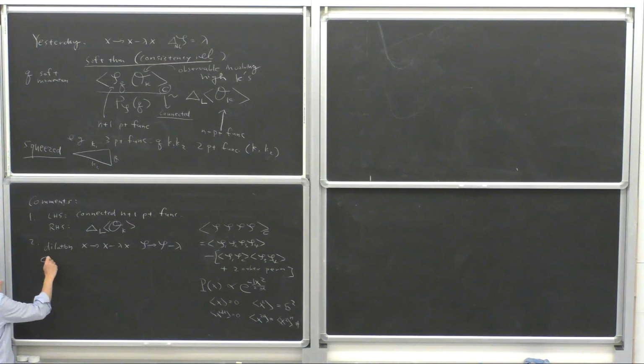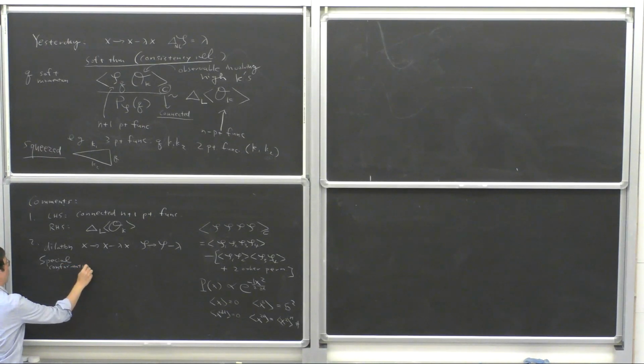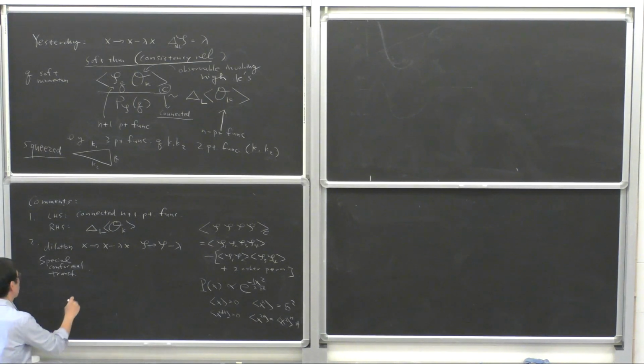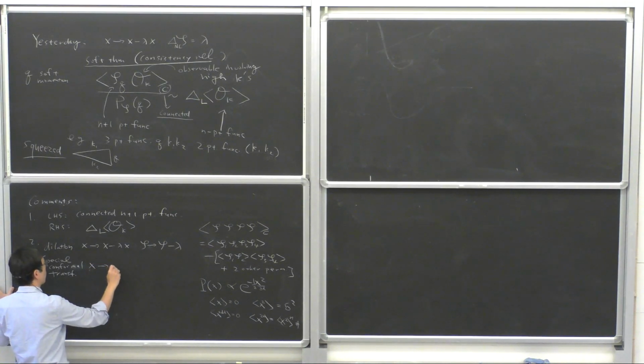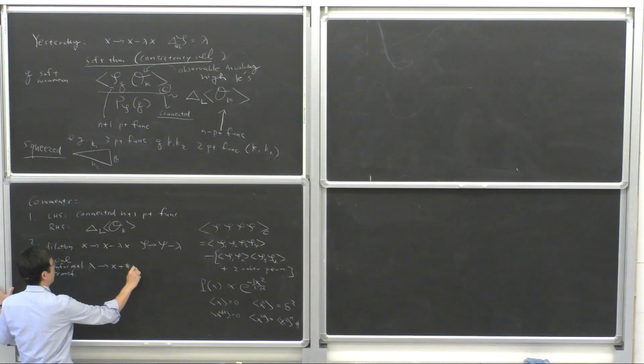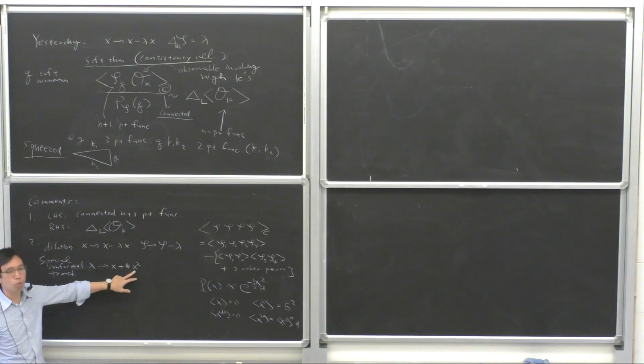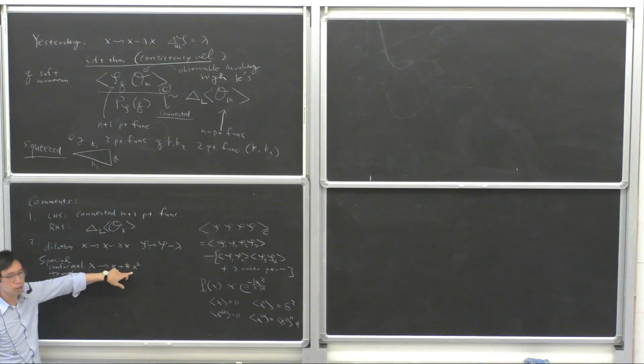It turns out there is a special conformal transformation, which is also a residual diff that you can do, it turns out. I'm not showing you, but you can show it. And the structure is basically x going to x plus some number times something that goes as x squared. So this goes as x, this goes as x squared.